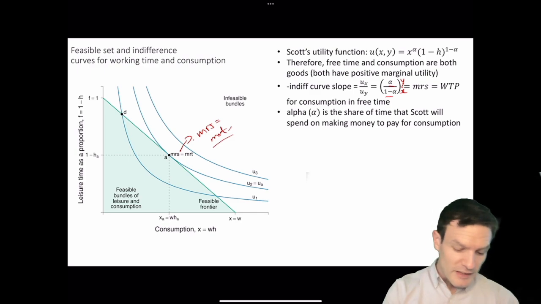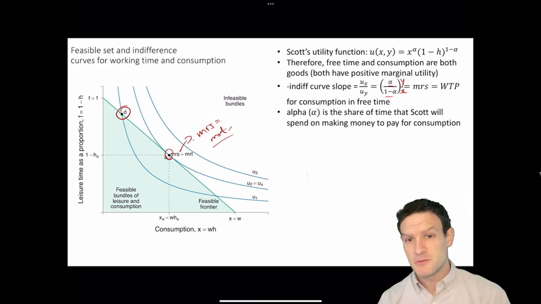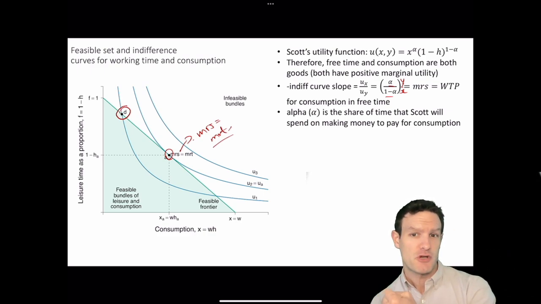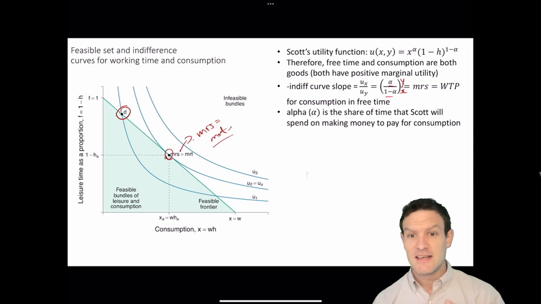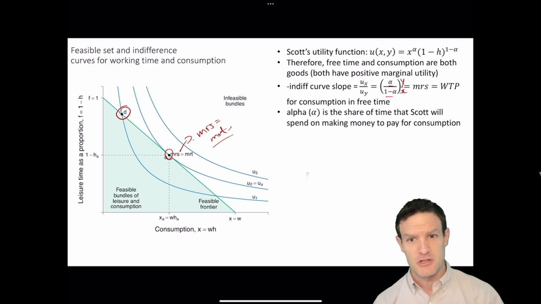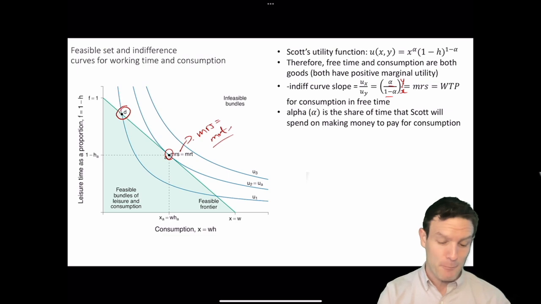And so if we compare point D and point A, at point D, what is true? His marginal rate of substitution, his willingness to pay in his free time to get more consumption, is greater than his opportunity cost of free time in terms of consumption. So he actually would rather have consumption than free time at point D.